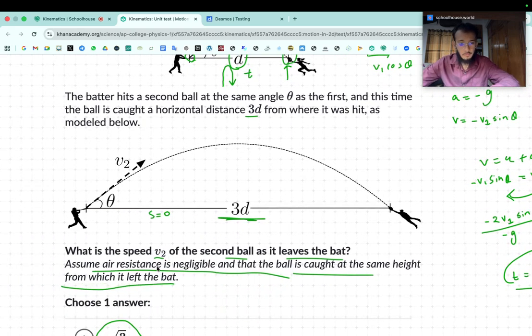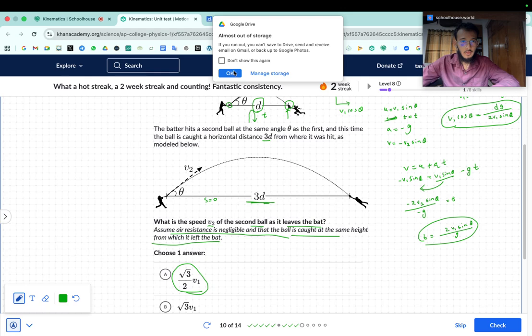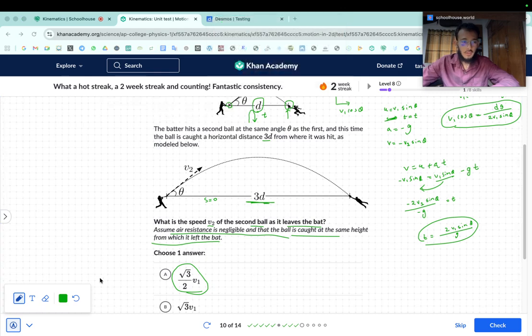We now consider this scenario where we have exactly a similar thing. So we can write negative v2 sine theta equals v2 sine theta minus gt.